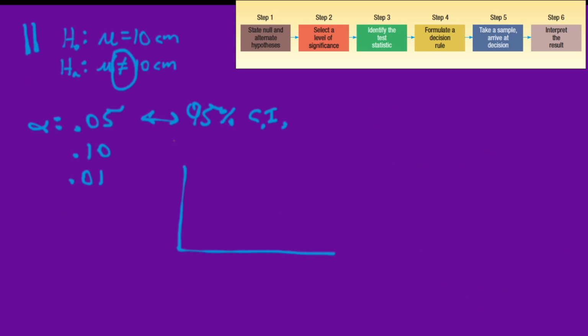But on a two-sided test, that means that we are looking for evidence on both sides of the distribution. Now, how we are setting this up is that we are always going to give the benefit of the doubt to the null hypothesis. So in our case, we're assuming the mean is 10. So if the mean was 10, do we find enough evidence that it's not?